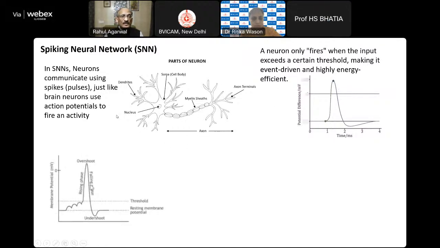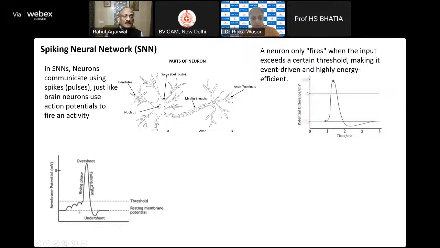And this way the communication keeps going on. Now it may happen that a neuron is getting input from multiple branches or multiple hands. So it would look something like this: it starts getting input from one, then gets another one, and another one.